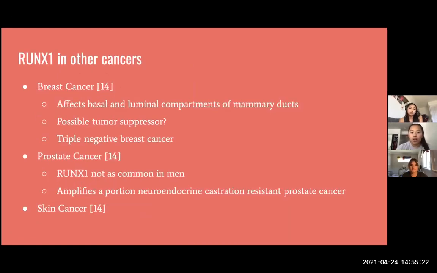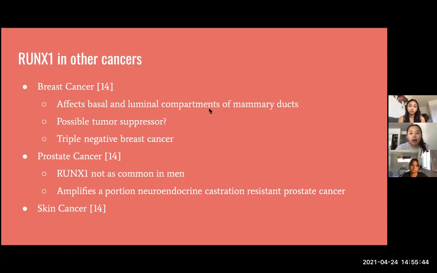Okay, so RUNX1 has always been thought to only affect hematopoietic systems, as Jacquelyn and Taya have mentioned, but it can also be found in other cancers such as hormonal cancers and skin cancer. So in breast cancer, it affects the basal and luminal compartments of the mammary ducts.